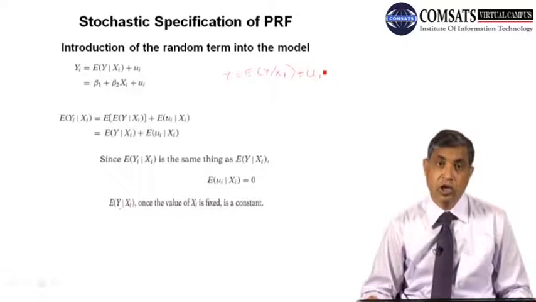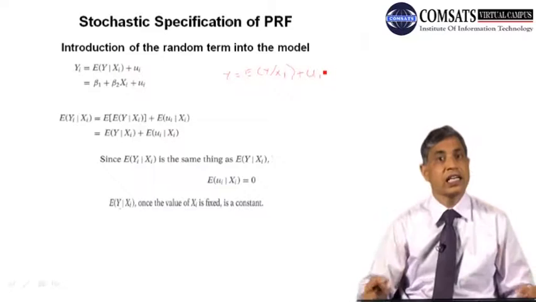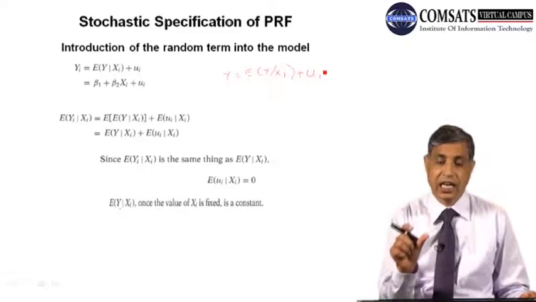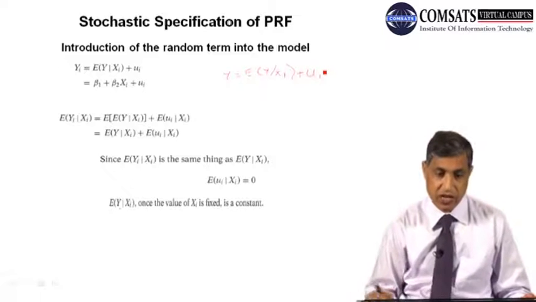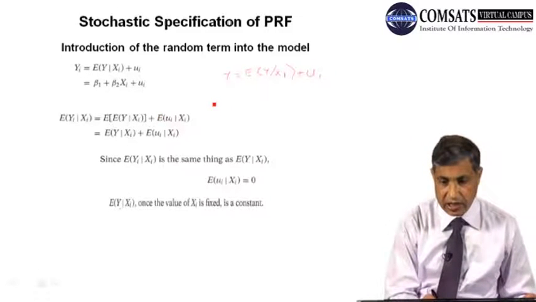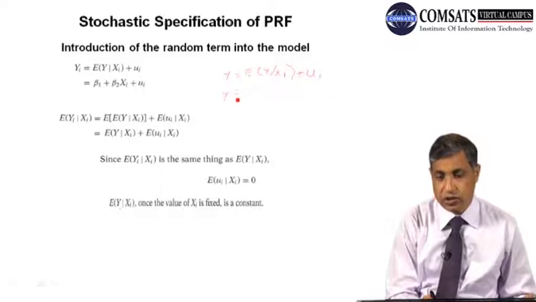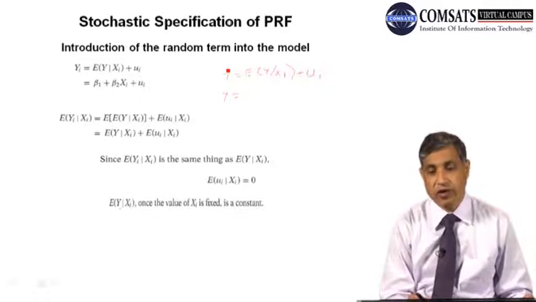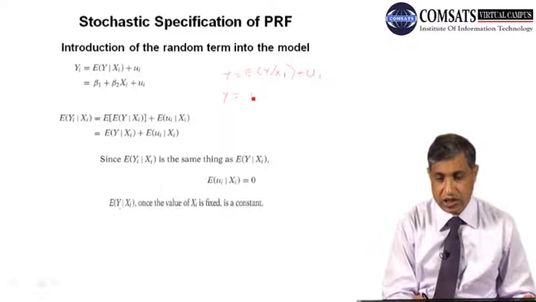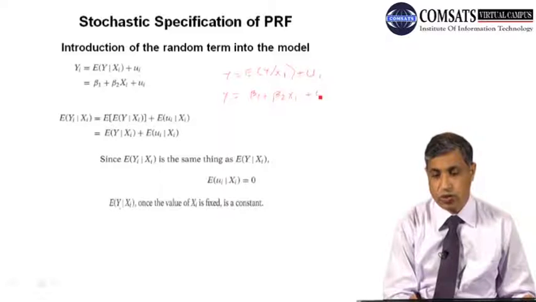So now the relationship is not exact, and there is some margin of disturbance. If I further explain, I am simply replacing expected value of y given xi, and it is beta 1 plus beta 2 xi plus ui.